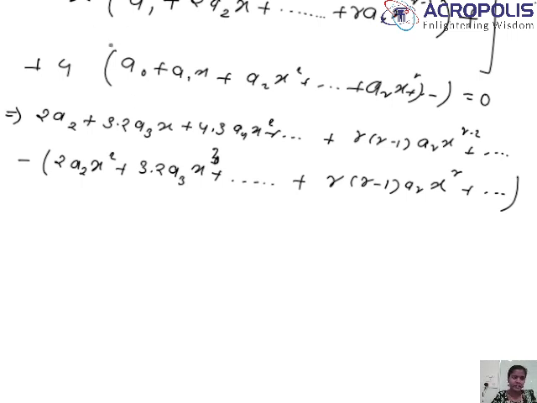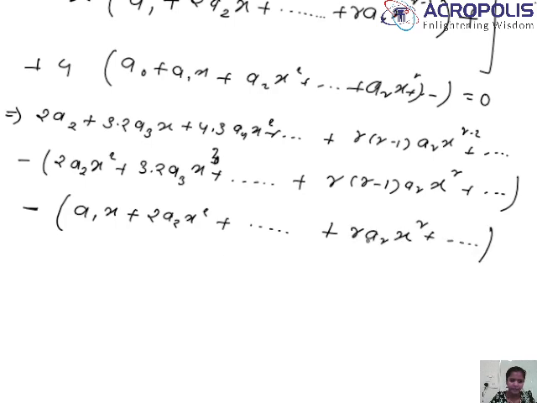Now the next term, when you multiply x into dy by dx, the minus sign is common: a1 x, 2 a2 x square and so on, plus r a_r x to the power r up to infinity, plus 4 into a naught plus 4 a1 x and so on, 4 a_r x to the power r up to infinity, equal to 0.